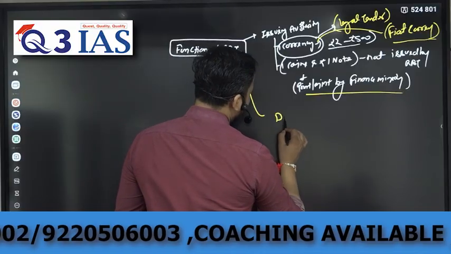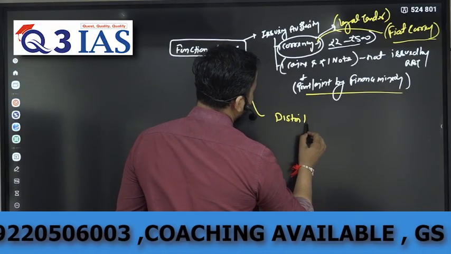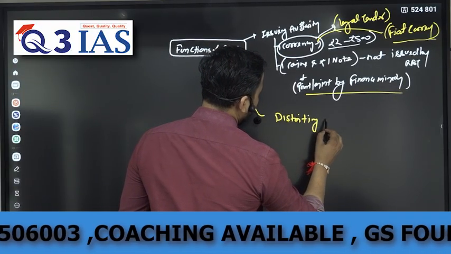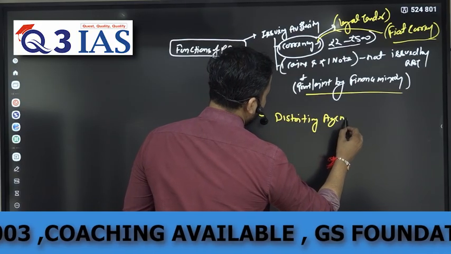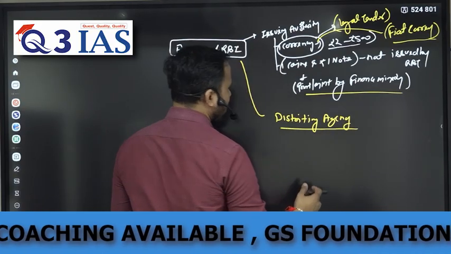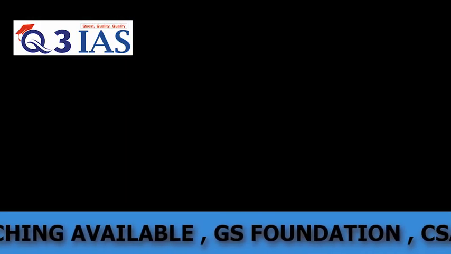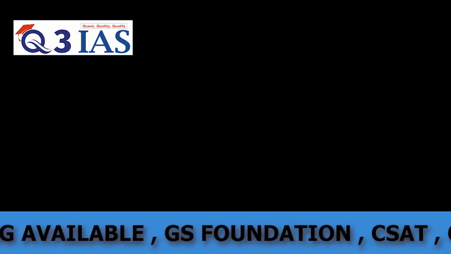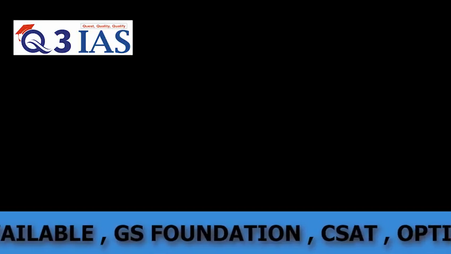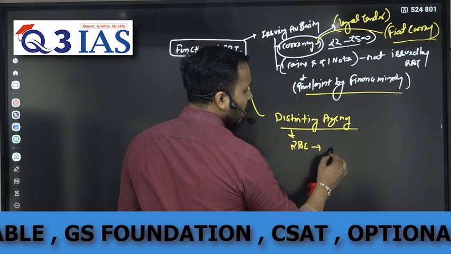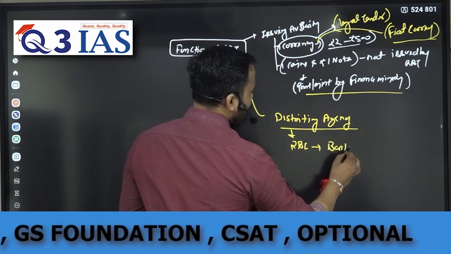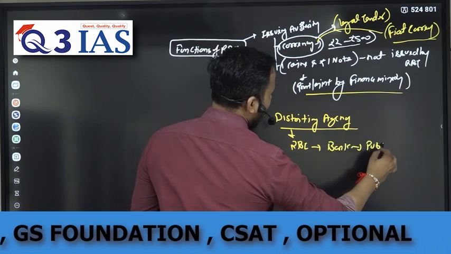Second is distribution agency. Distributing agency means the RBI is responsible for distributing the currency to the public. What is the channel? RBI distributes it to the banks, and then banks distribute it to the public.